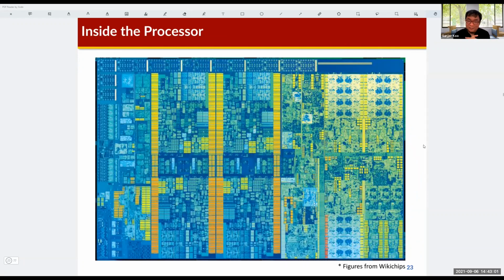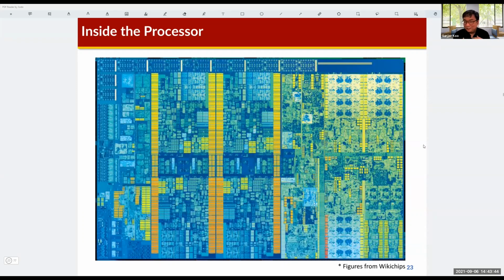Okay, let's move on. What is this? Okay, CPU, right? Many people say that semiconductor technology is very important, especially for our nation, like South Korea.